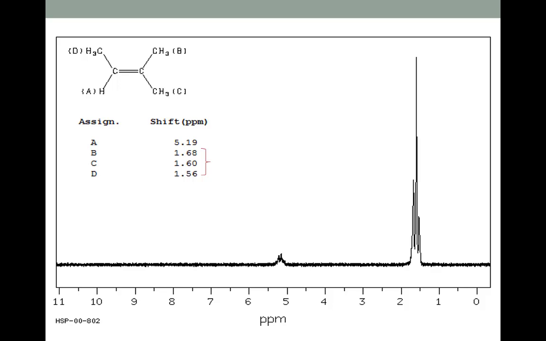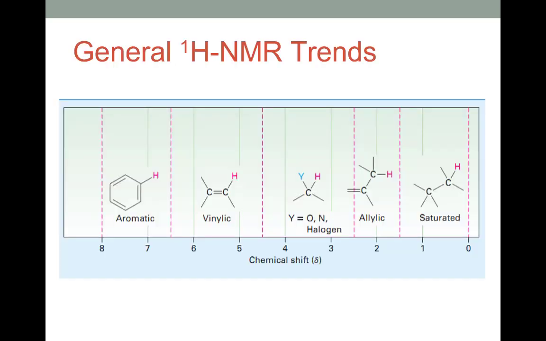So in general terms, when you look at H-NMR, just like carbons, we see that idea of more shielded going to the right, less shielded going to the left. Our hydrogens on saturated carbons will be showing up near the bottom. We see those getting closer to a double bond, the allylic hydrogens, a little bit higher up.